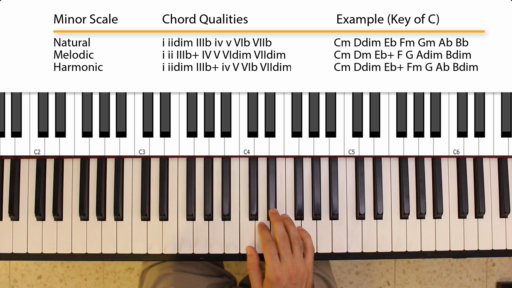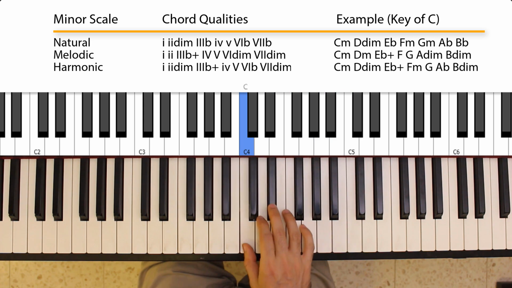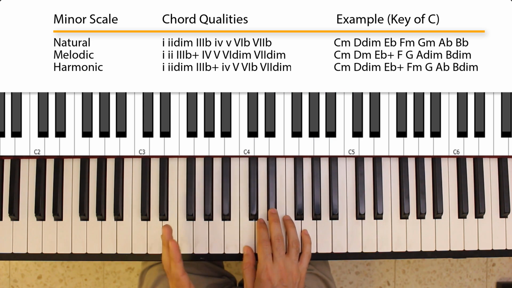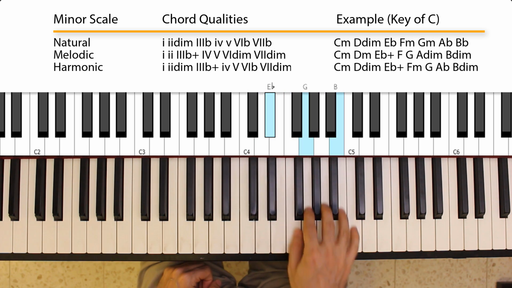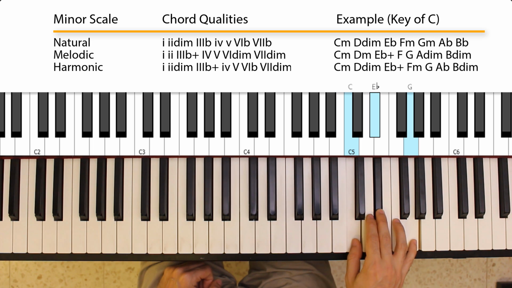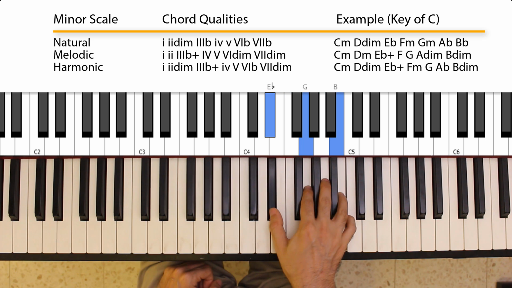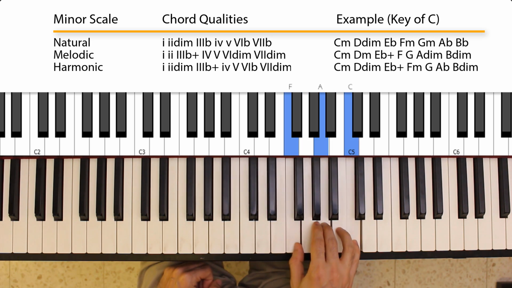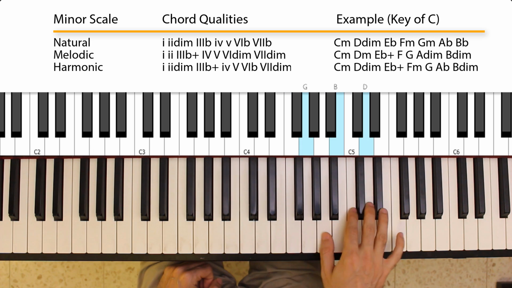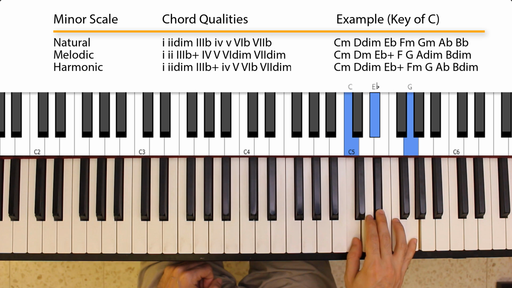Let's look at what the melodic minor has. If you build triads on the melodic minor, and again I've played the C melodic minor here, we have C minor, D minor, E flat augmented, F major, G major, A diminished, B diminished, C minor.